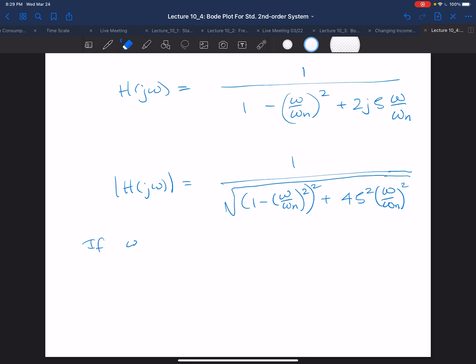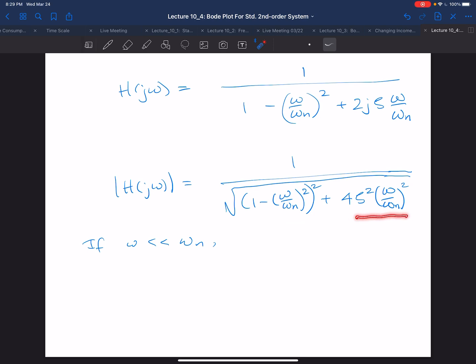So first of all, as our low frequency asymptote, suppose omega is much less than omega n. Then we can consider this term here to be 0, because presumably that means omega over omega n is much less than 1. So we will have 1 squared here, and here we'll have 4 zeta squared (omega over omega n) squared.